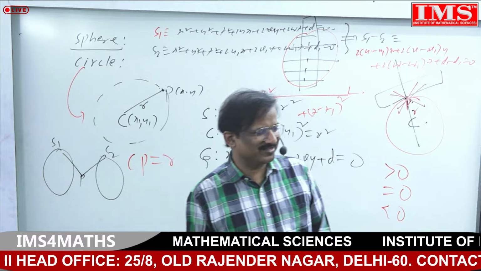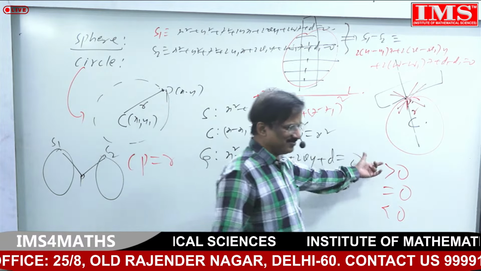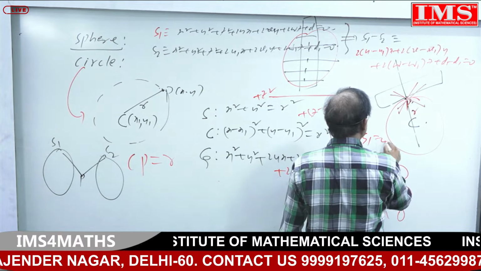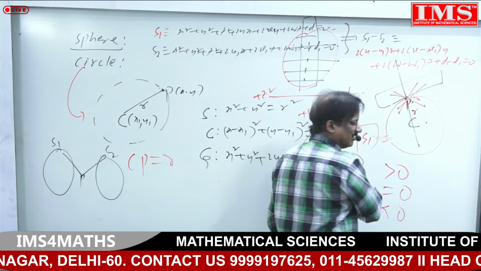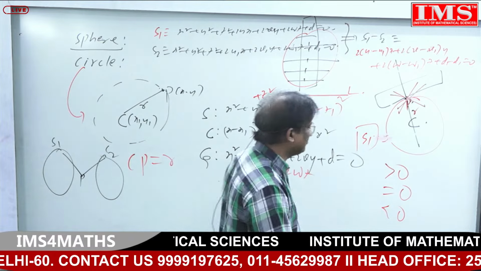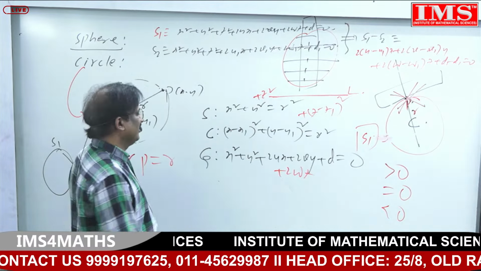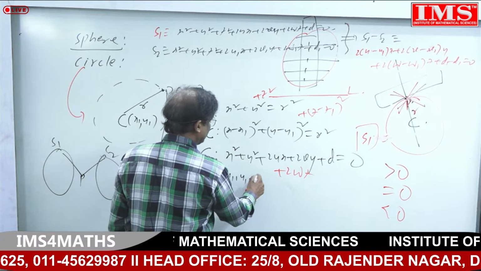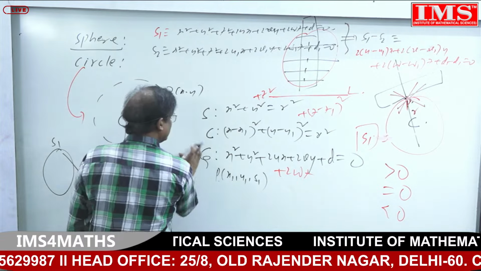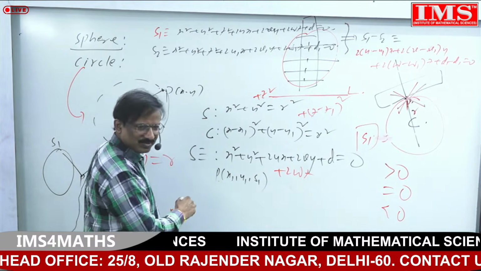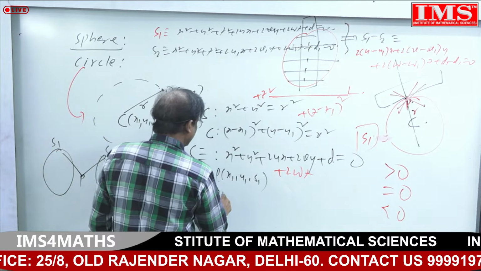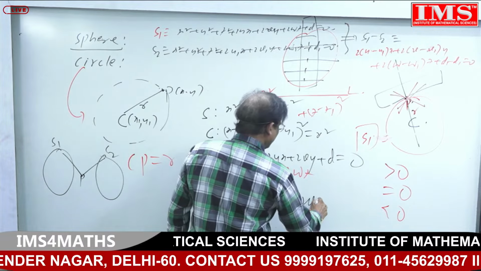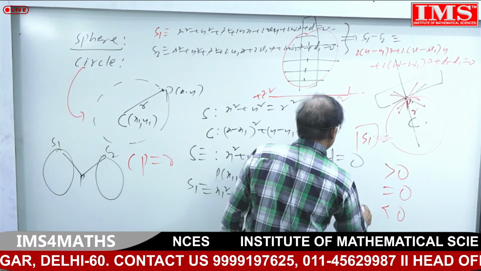I told you power is nothing but a value that may be greater than 0, may be less than 0. If you ask me in one line, S1 equal to 0, or else I just want to say the S1 value. If my point P is x1, y1, z1, then S1 stands for x1 square plus y1 square plus z1 square plus 2u x1 plus 2v y1 plus 2w z1 plus d.